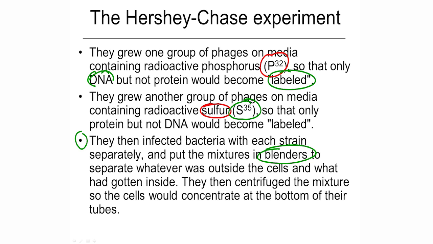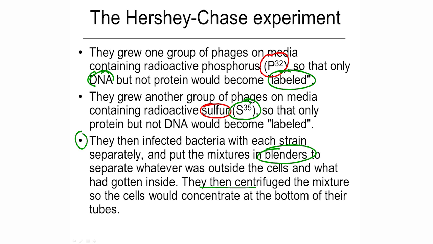It was a kitchen appliance that I think they brought in from home. In fact, Oster is still a brand of blenders, but the point is it's nothing fancy. The idea of the blender was they just wanted to shake everything up really good so that whatever was not stably incorporated inside of the cell would just fall off, literally.